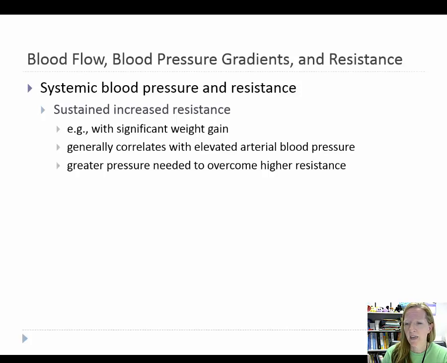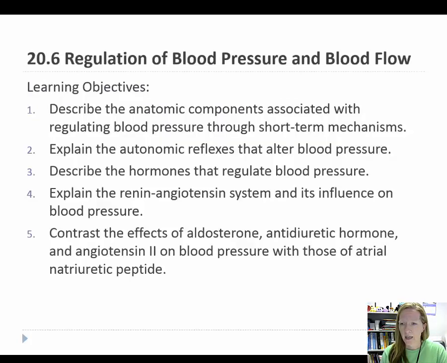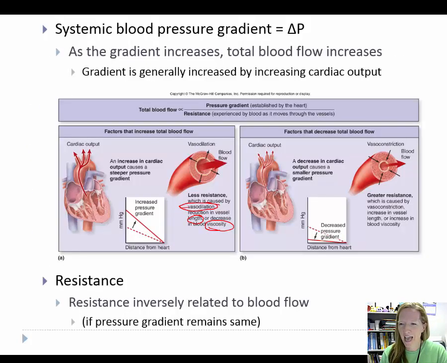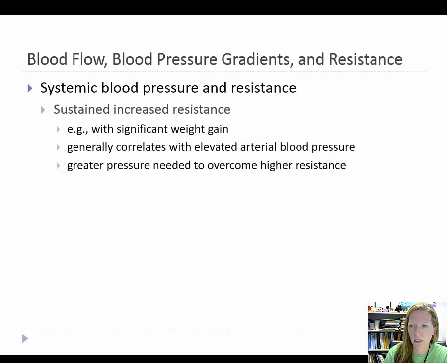Or let's say that you are obese, and that means that you're going to have an increase in the amount of vessels that you have and their length as well. Or let's say that there's an issue with blood doping, so you have an increase in blood viscosity. Let's say that you do have this sustained increase in resistance for some reason.